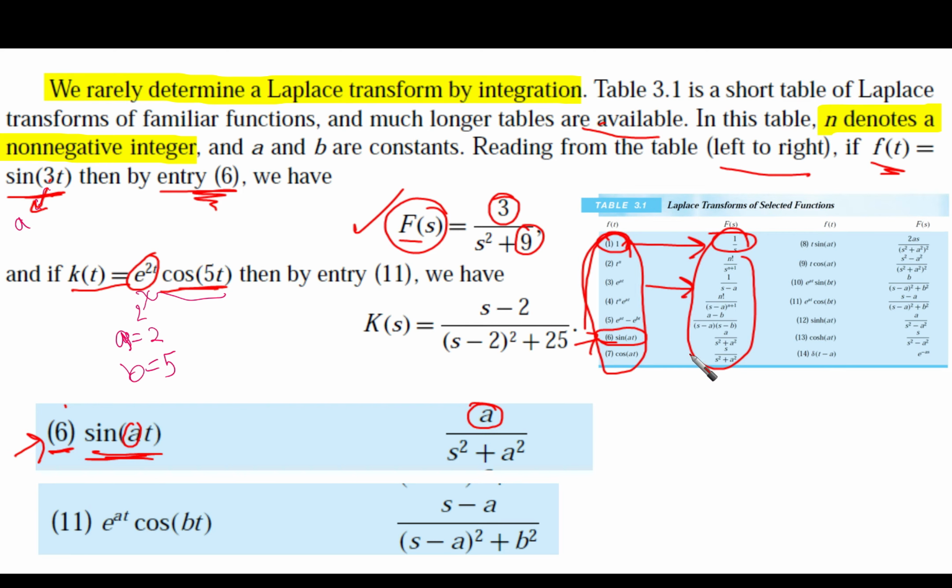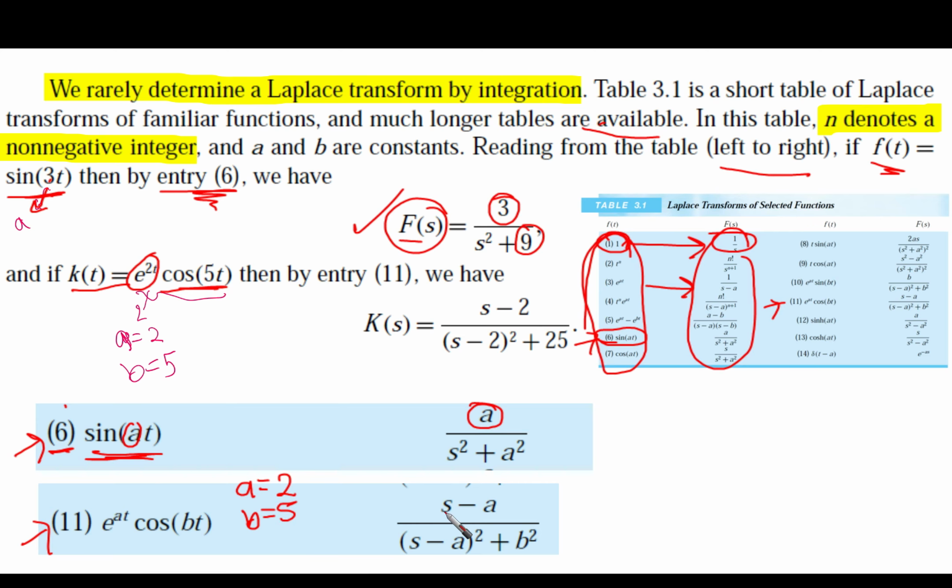We're going to find it in entry number 11. I put it here as larger. e to at cosine bt, you're going to find equals s minus a over s minus a squared plus b squared. Well, what is the value of a here in our function? Here a is going to be, yes, exactly 2. What is the value of b here in our function? b is 5.